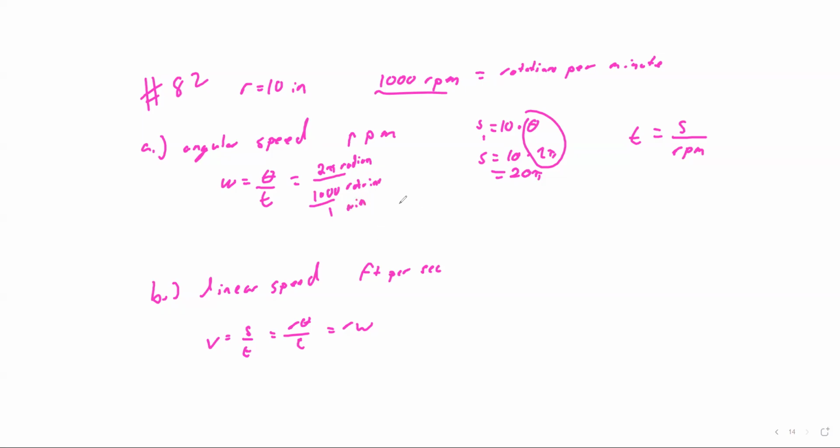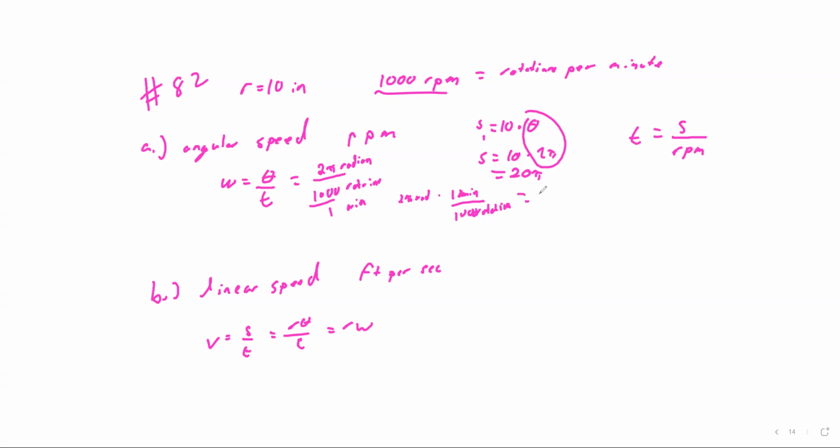And then if I flip that, that would be 2 pi radians times 1 minute over 1,000 rotations. But how many rotations fit in that? So now we have to go over here and see how many rotations we can fit.